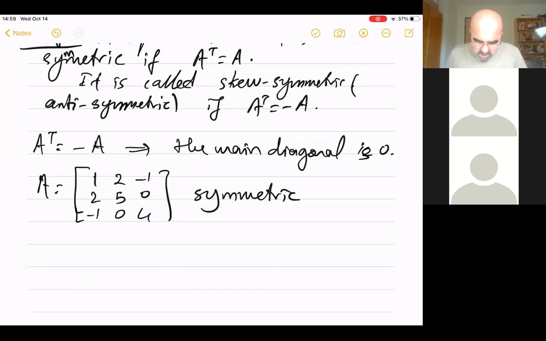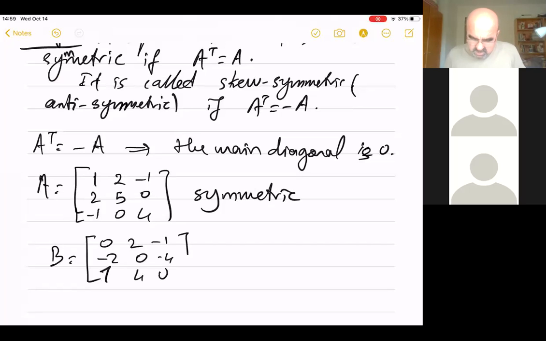And if you look at this matrix B, 0, 2, minus 1, minus 2, 0, 4, 1, minus 4, 0, this is skew symmetric. These are skew symmetric matrices.